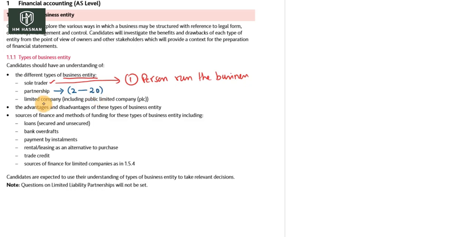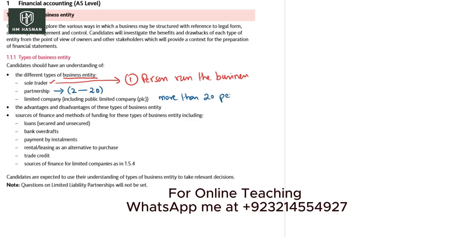Okay. And what is a limited company? If we want to increase the number of persons in a business, want to increase the number of shareholders in a business, then we will convert our partnership into a company. In a company, there are more than 20 persons.